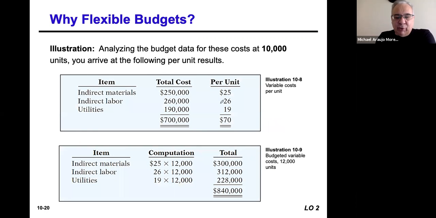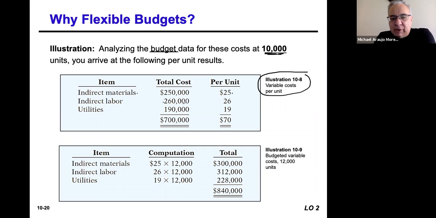Well, we have to look at our variable costs per unit, so we can actually calculate properly for the 12,000 that we've done. When you look at the budget data for 10,000 units, we budgeted $250,000 for indirect materials to create 10,000 units. So that's $25 per unit in indirect materials.